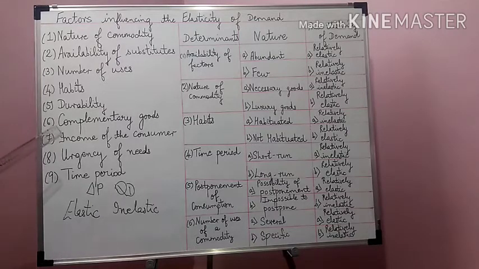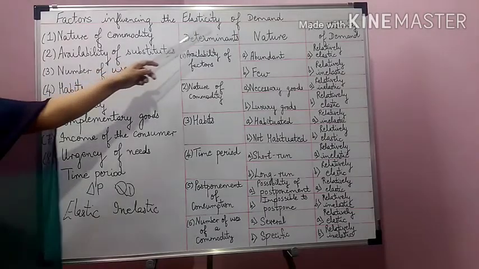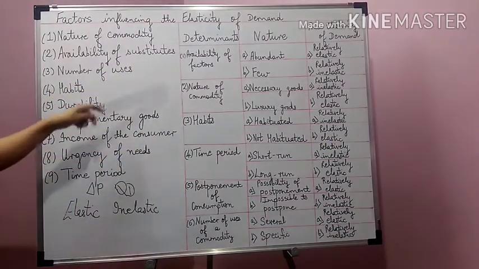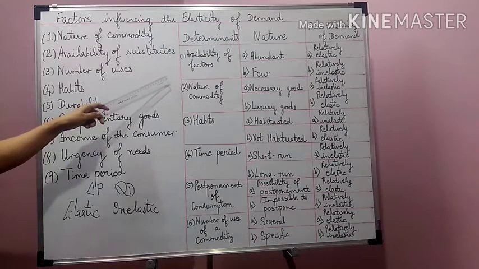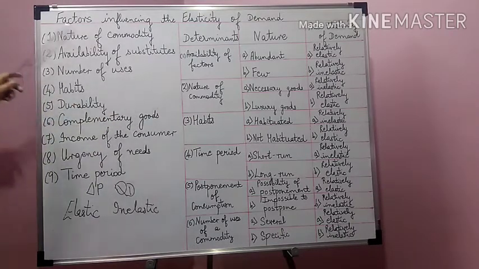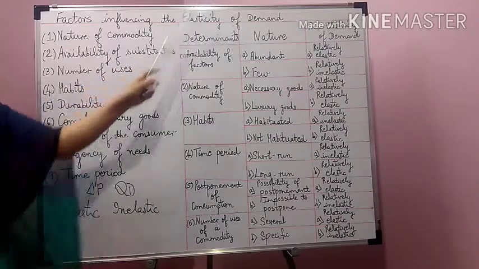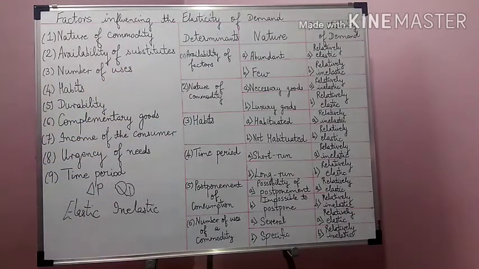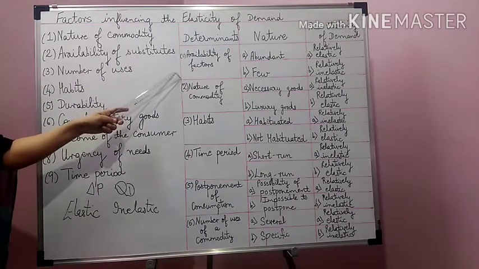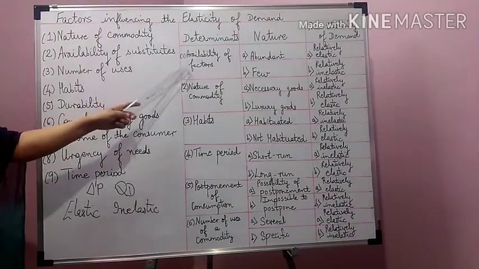Now, we have a small table in a summary form explaining the factors or determinants of elasticity of demand. The first determinant is availability of factors.